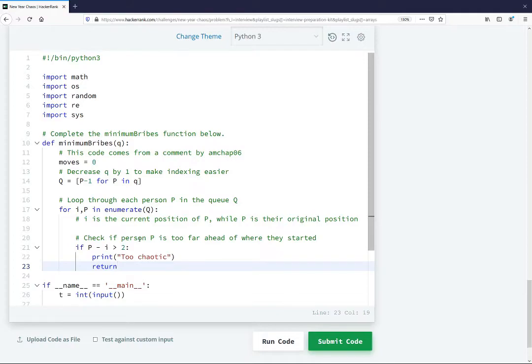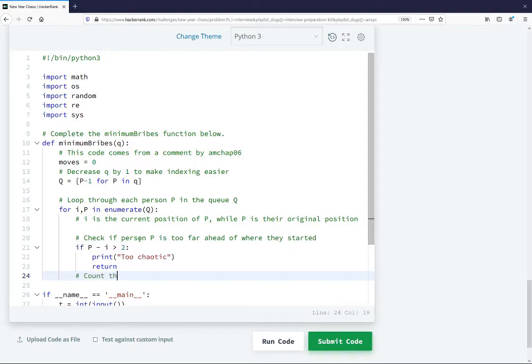So their original position was 5, and their current position was 3. 5 minus 3 is 2, and 2 is not greater than 2, so it's good. It would only be if 5 were in the 2 position, because then you'd have 5 minus 2, which is too big. Okay, cool. All right.